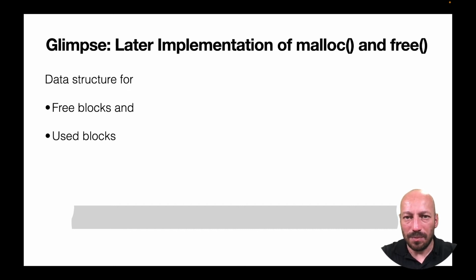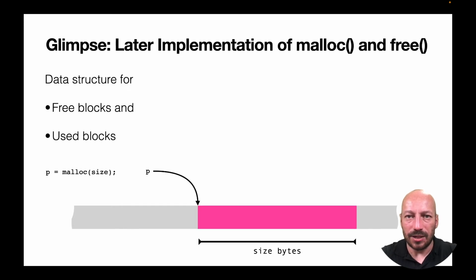And in our implementation, I can basically tell you more of the details. It will be as follows. If you call malloc with a certain parameter for how many bytes you want to reserve, you will give back a pointer to this reserved block, if such a block is found. Otherwise, of course, a null pointer. But in front of this pointer, we will store some additional information. This additional information will be required for our data structure. And in our case, it will be, for example, the size of this block and the next pointer, because we will manage this in a list.